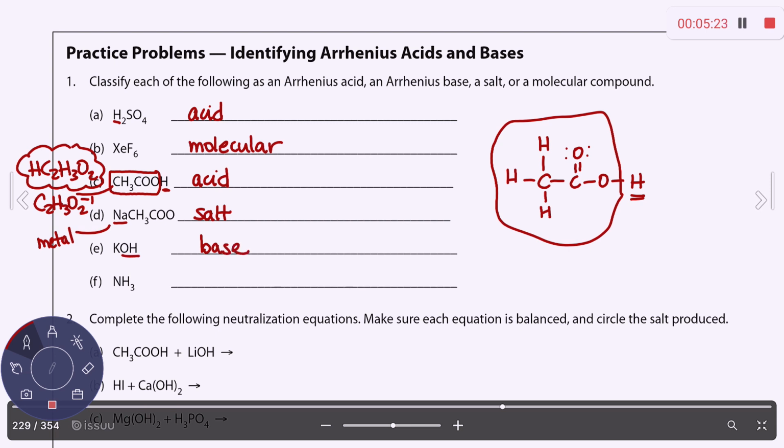And then F. According to the Arrhenius definition of acids and bases, NH3 would be a molecular compound. Now, this is actually a weak base. That's why I'm going to have to introduce a second definition for acids and bases, which is sort of broader. And I'll do that after we do number 2.